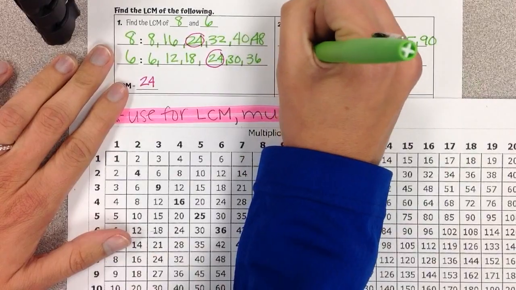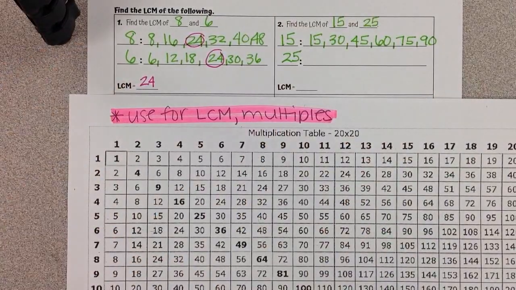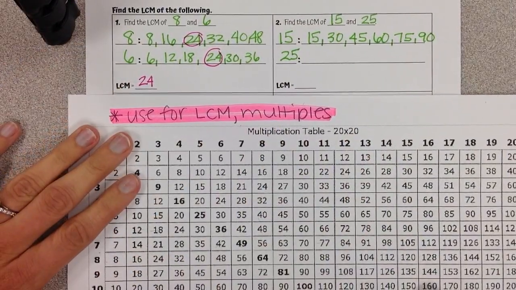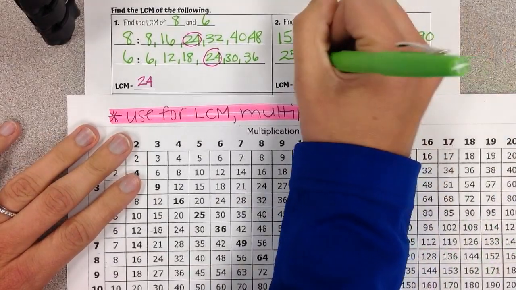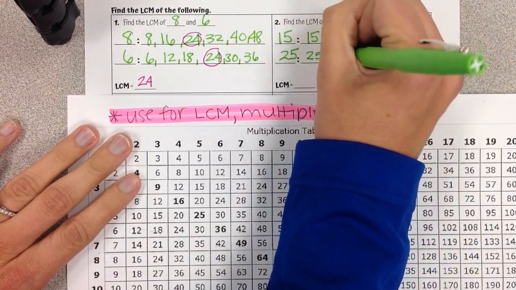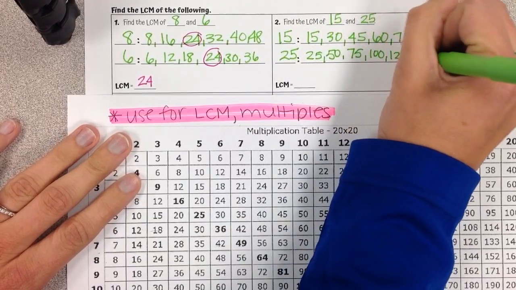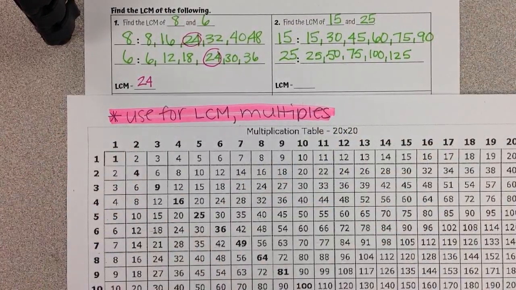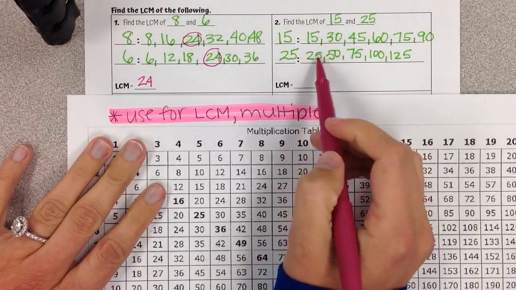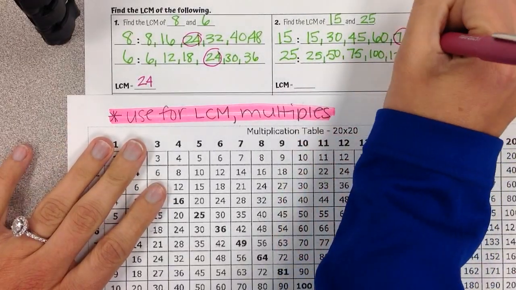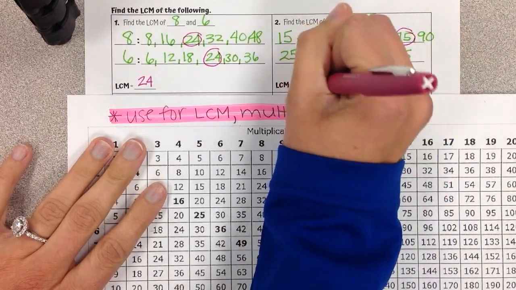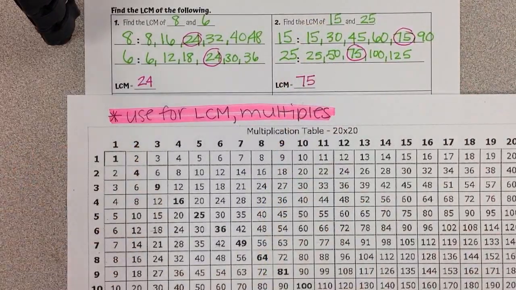For 25, we don't have 25 on our multiplication chart, but if you know how to count quarters, then you can list out some multiples there. 25, 50, 75, 100, 125, and so on. If you don't know how to count by quarters, then just do some repeated addition to get those multiples. Now let's look at what they share. All that I see that they share is 75, so their least common multiple is 75.